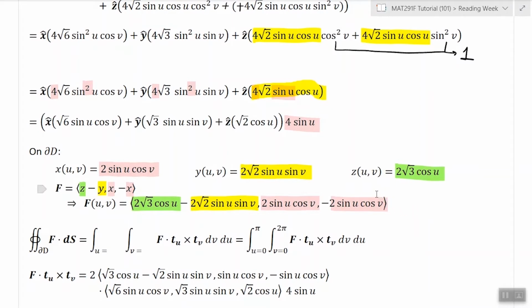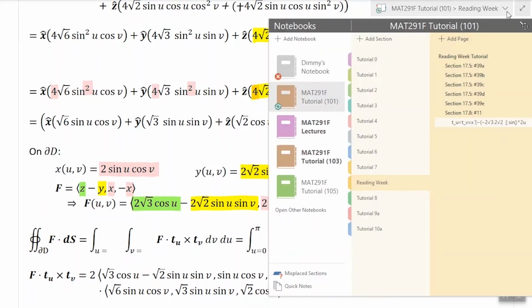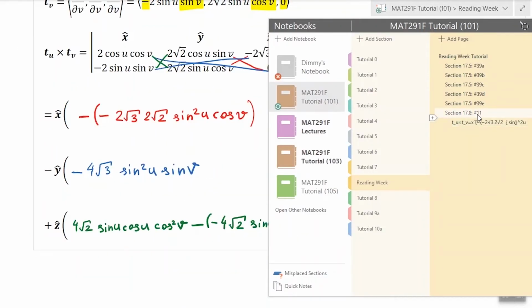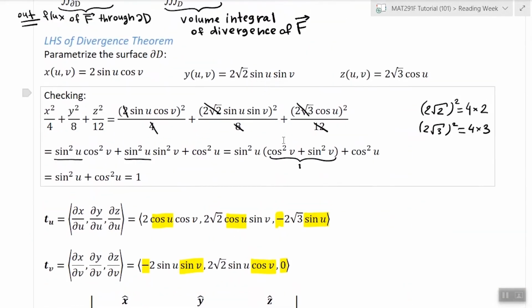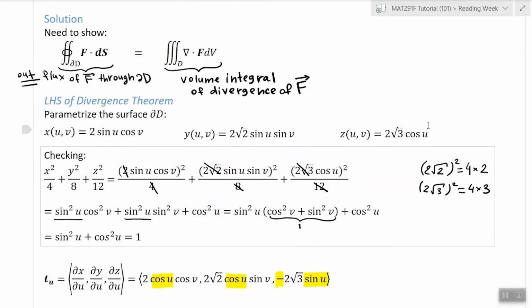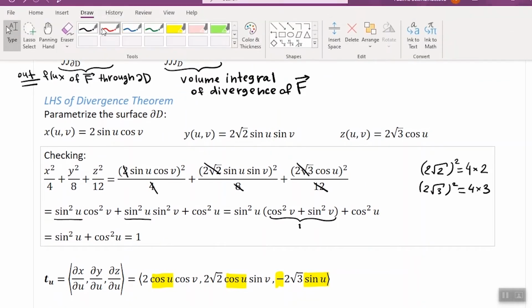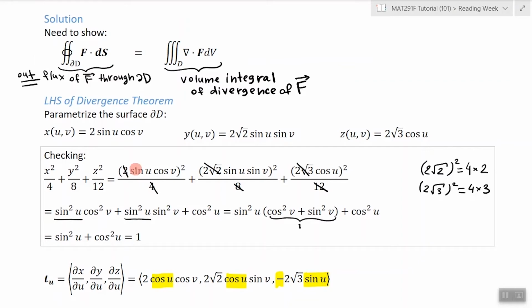Now, one thing I forgot to do, so let's do it right now, is the bounds on u and v when I was parameterizing the surface. So let's do that. This was over here where I wrote the parameterization. Let's add the bounds. Here's how I'm going to reason this.